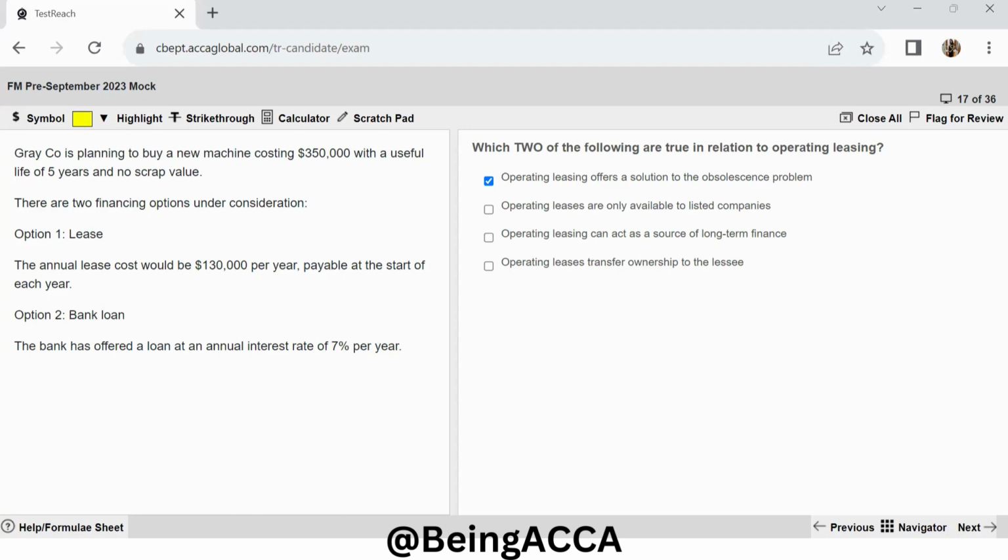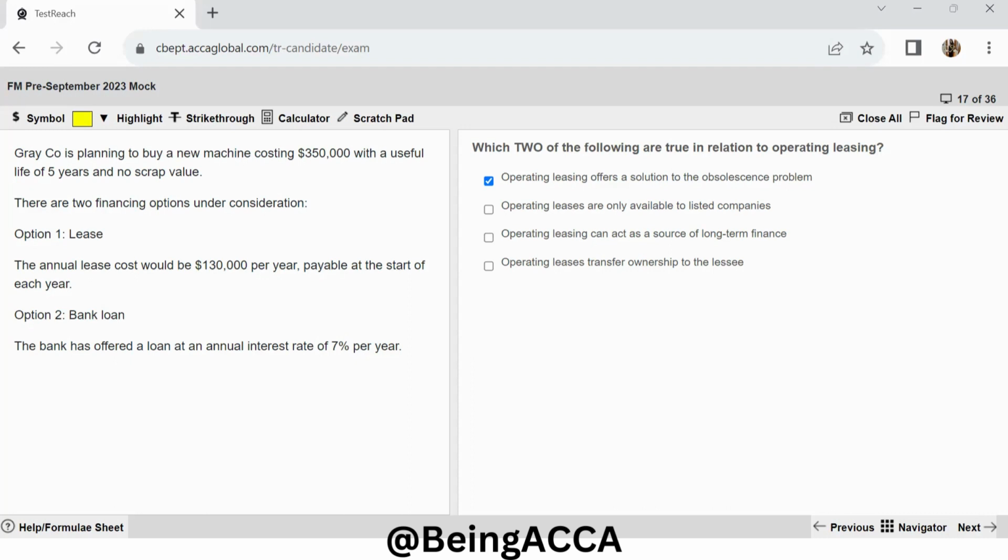Even the smaller companies who are not as big as listed companies can definitely use operating leases, because they do not have to buy the entire asset, and they can just get it on a short-term lease and still be able to use the asset, which they otherwise may not be, because the asset is very expensive. So the second statement is wrong. It is not only available to listed companies.